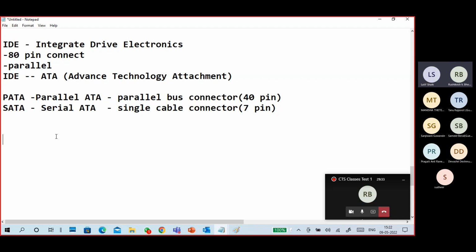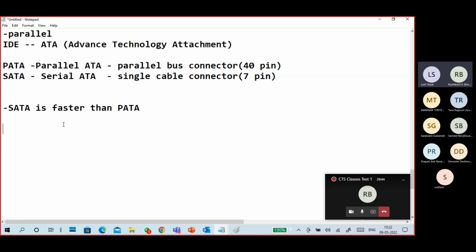Okay, 7-pin connector. So remember, SATA is faster than PATA based on the technology improvement, not based on the statement; it depends upon the technology improvement. SATA is a new technology. After PATA, SATA came into the market and changed a lot of speed; technology improved, circuit improved.